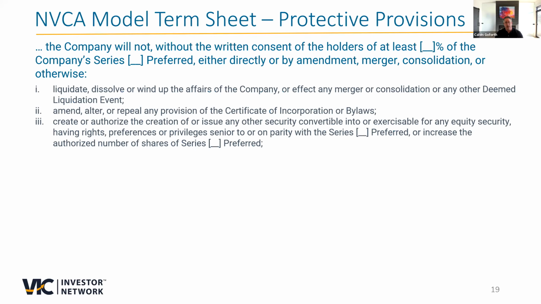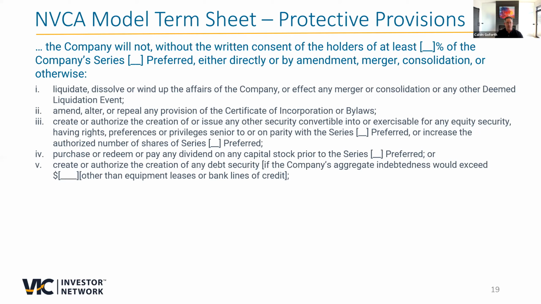You can't change the rules by modifying the certificate of incorporation or bylaws. You can't create another equity round senior to or on parity with the current round without approval of these investors. You can't purchase or redeem or pay any dividend on capital stock prior to doing so for the current investors, and you can't create or authorize debt beyond a certain amount, other than simple things like equipment leases or bank lines of credit.